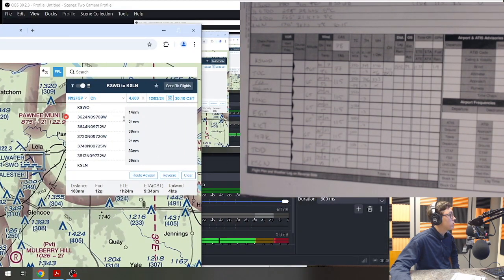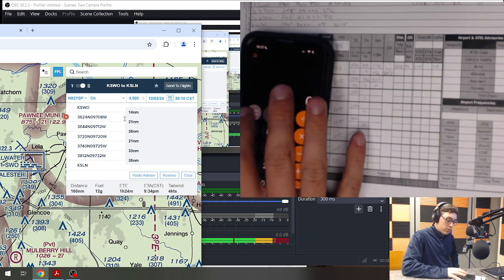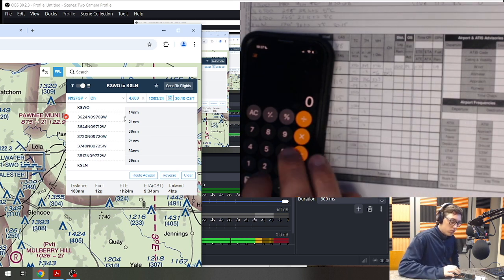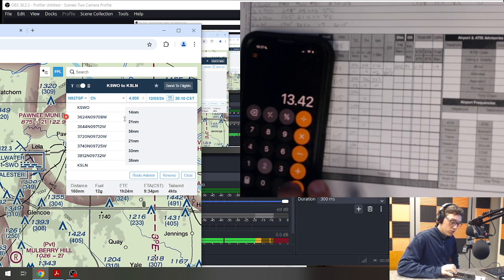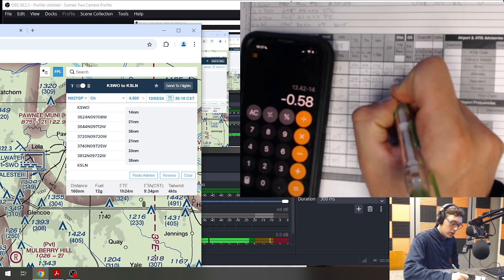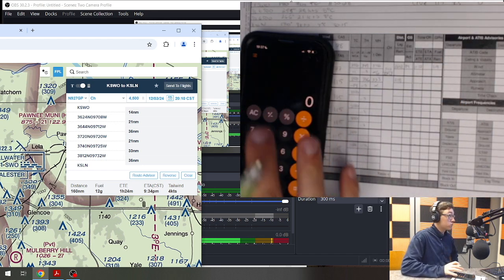From Stillwater to our first point is 14 nautical miles. It's going to sound really awful, but we're only going to be cruising for half a mile. However, we just have to do it. So 13.42 minus 14 nautical miles, and that's 0.58 miles of distance that we'll be traveling. Beautiful. Put that in.